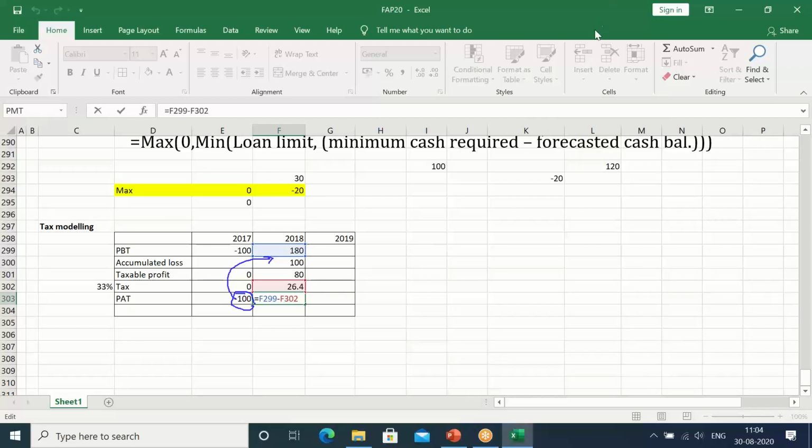Yes, any doubt till here? Sir, could you please repeat PAT? So PAT is your PBT minus tax. Any doubt till this point?